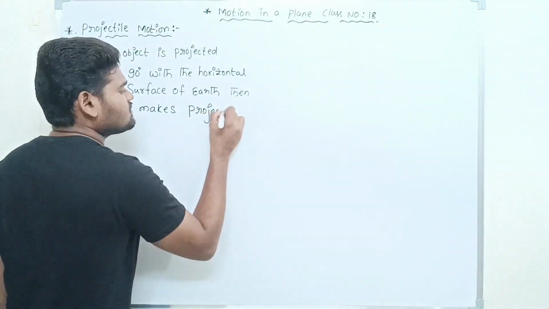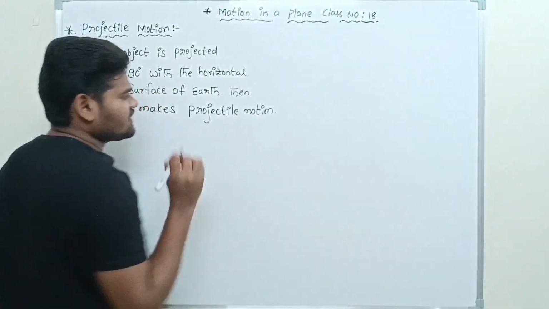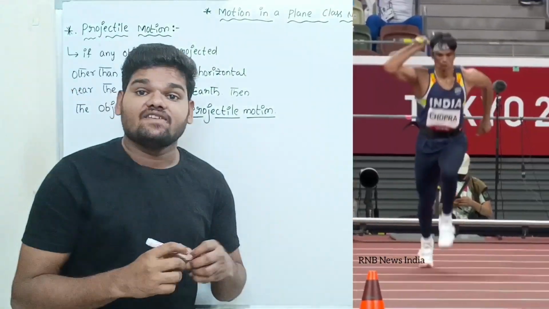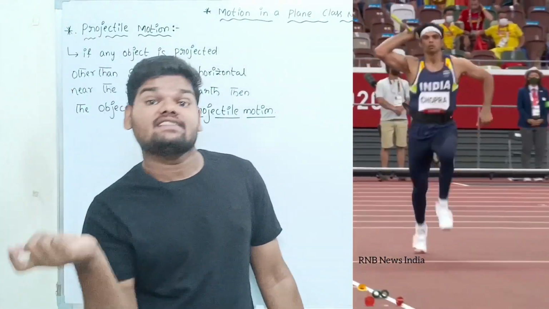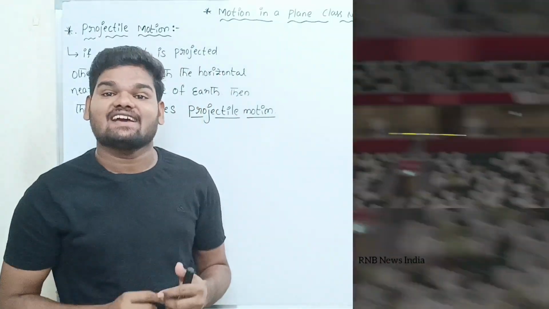So if you project an object other than 90 degrees with the horizontal, then the object makes projectile motion.